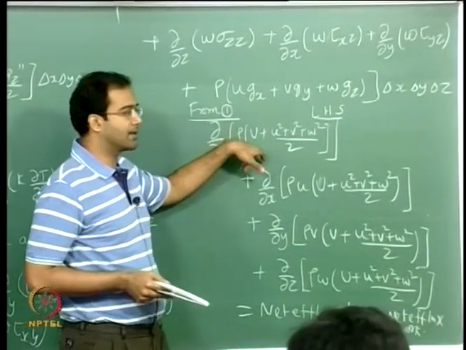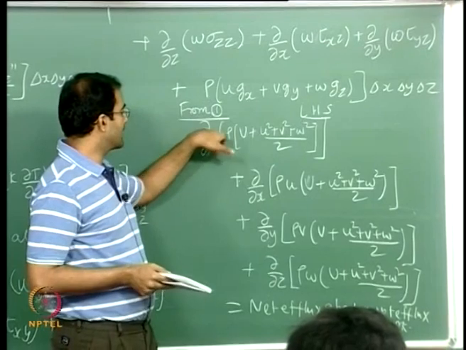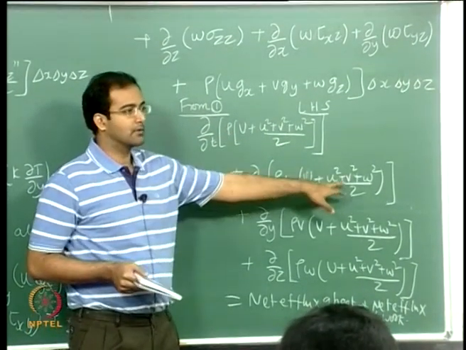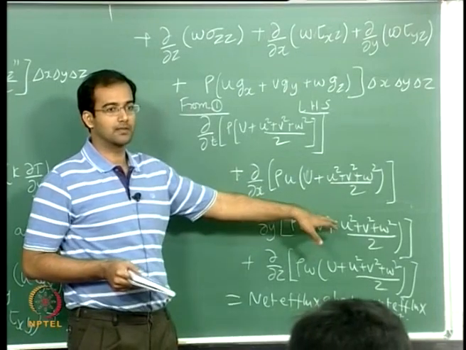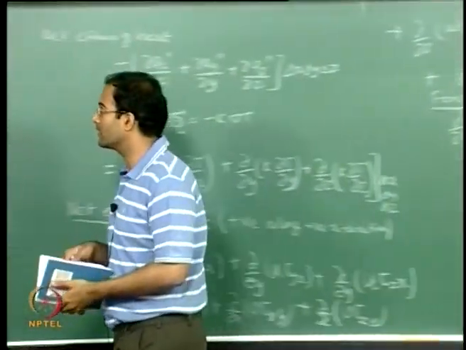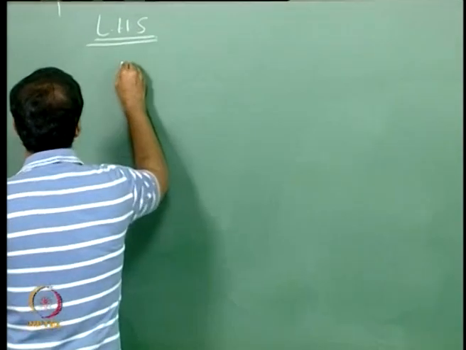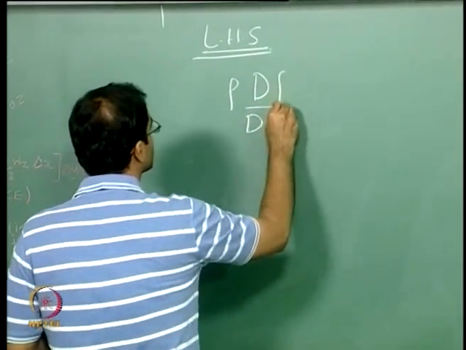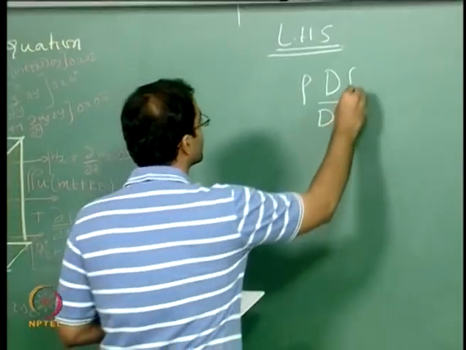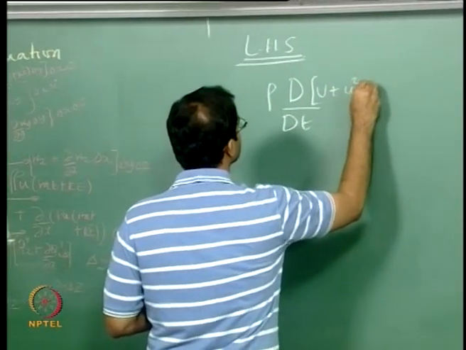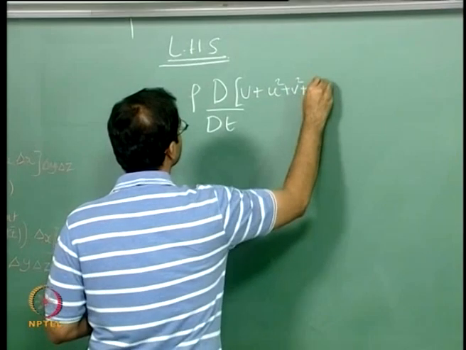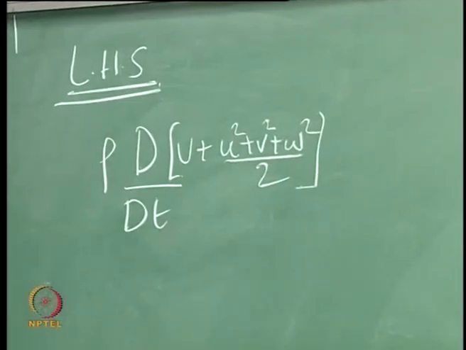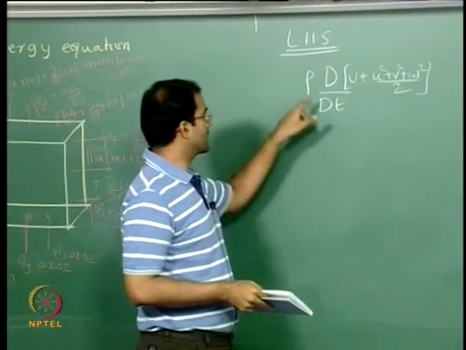Therefore you can take rho out and write this as d by dt of this plus d by dx of u into this plus d by dy of u into this. So that can be written as rho into the total derivative d by dt with respect to u plus the kinetic energy, because the continuity is satisfied, so I can take the rho out.